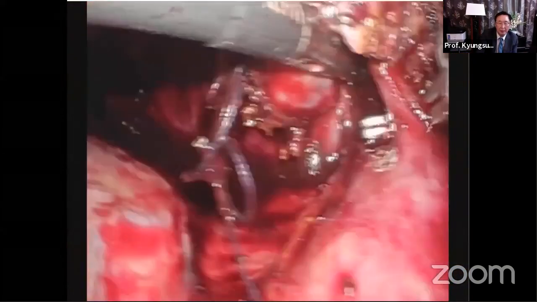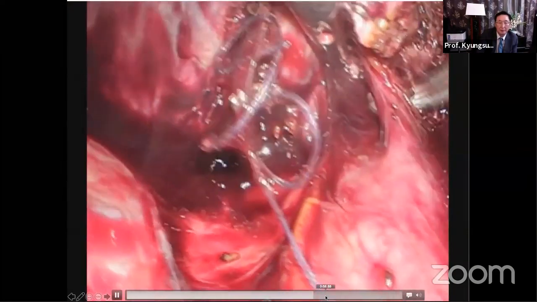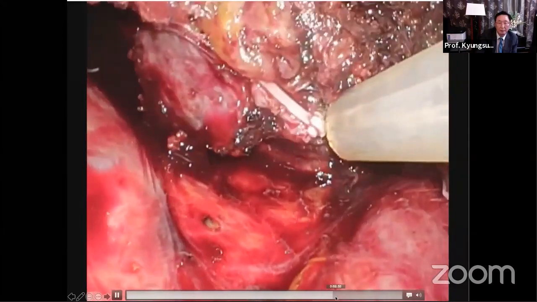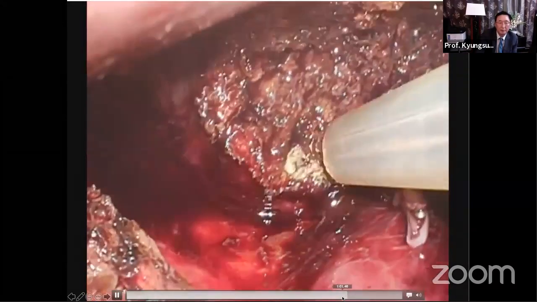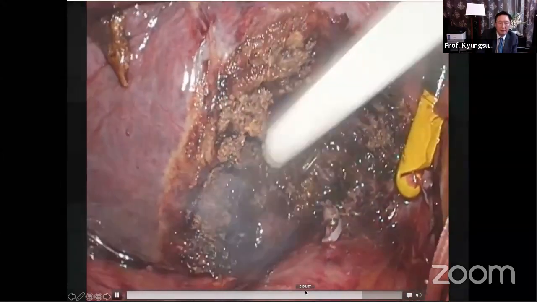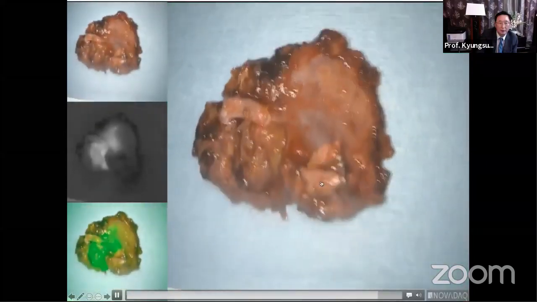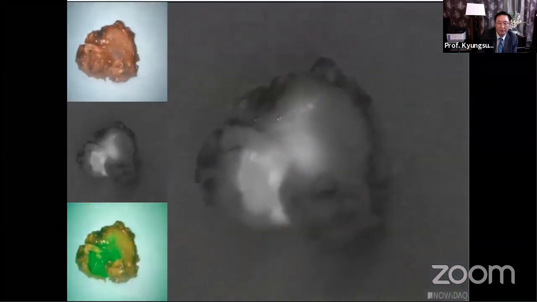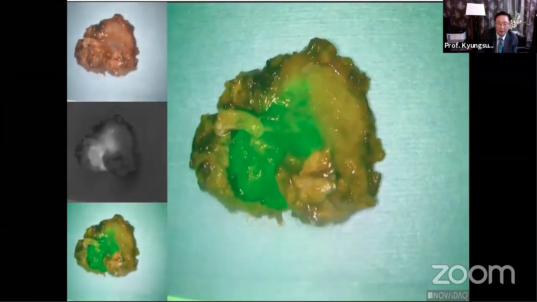Then we can remove this tumor. Very quick operation, like 1.5 hours. We can finish this with a sufficient margin, and the patient was also discharged 3 days after the operation.